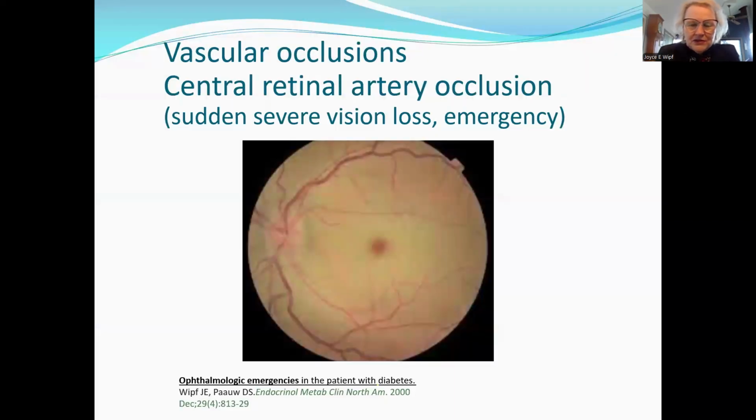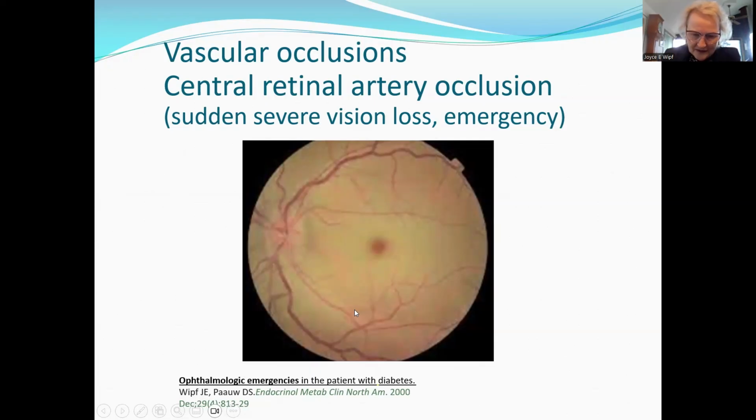Vascular occlusions are an important cause of sudden severe vision loss and are an ophthalmic emergency. This is an example of central retinal artery occlusion. As we look at this image, what's most impressive is just how pale the retina looks, and that's because of lack of blood flow.